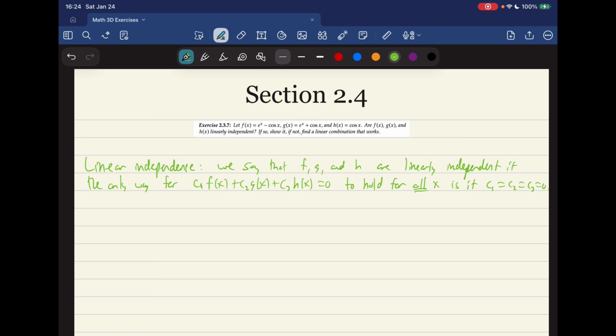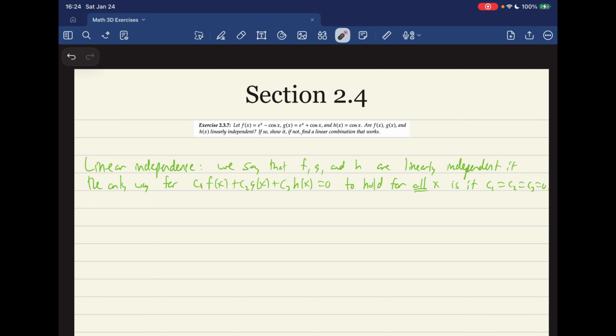Meaning that we can't have C1 be 2, and C2 be 1, and C3 be -3, and have this identity hold, where this is equal to 0 for all x. This is saying that the only way for this to happen is if all of the coefficients themselves were 0 to begin with.